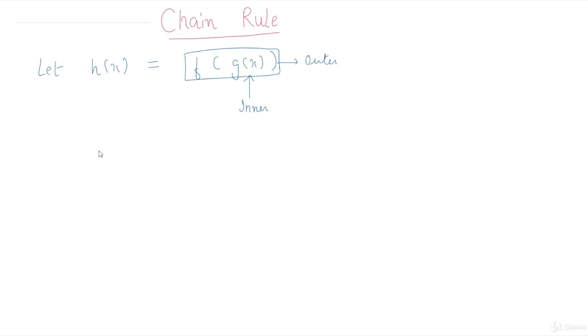What exactly is the chain rule? The chain rule is for the differentiation of a composite function. And here we need to differentiate h of x. So that would be d by dx of h of x. Now, in order to achieve this, first we need to differentiate this composite function with respect to the inner function.